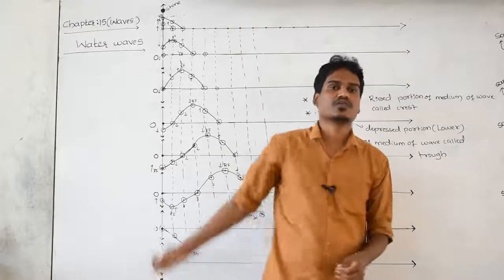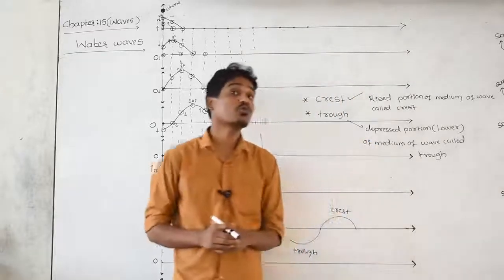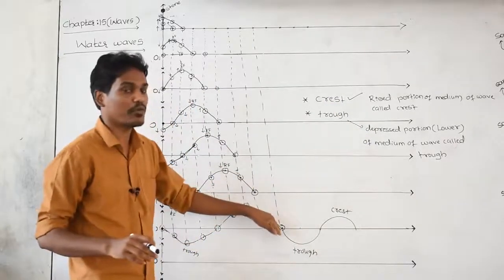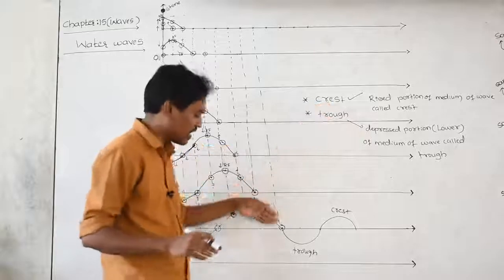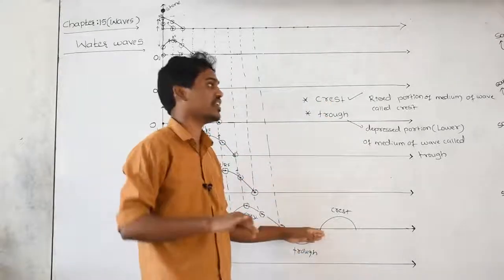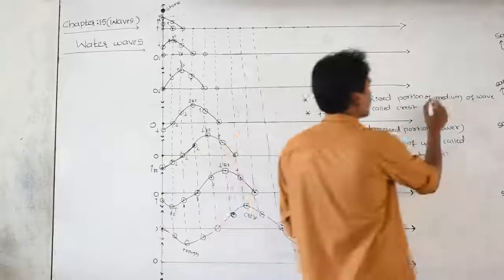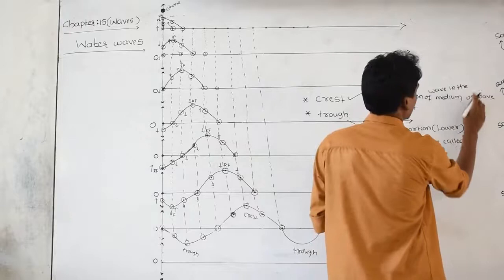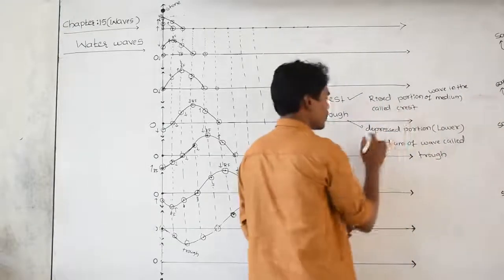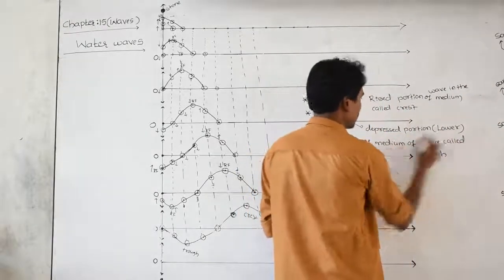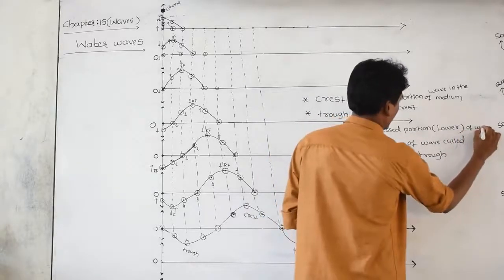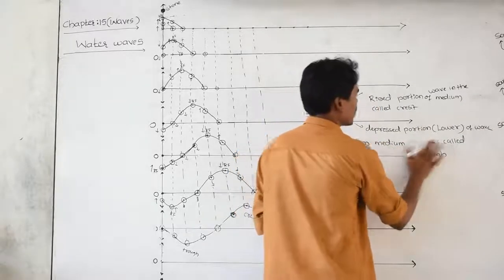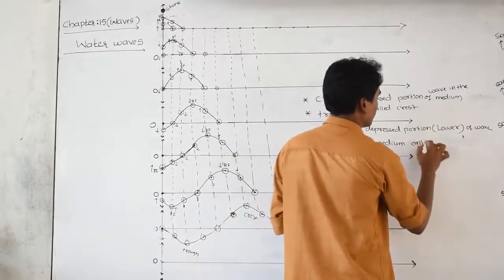This wave can be characterized by two terms. One is a crest, the raised portion of the wave in the medium, and the depressed portion of the wave in the medium is called a trough.